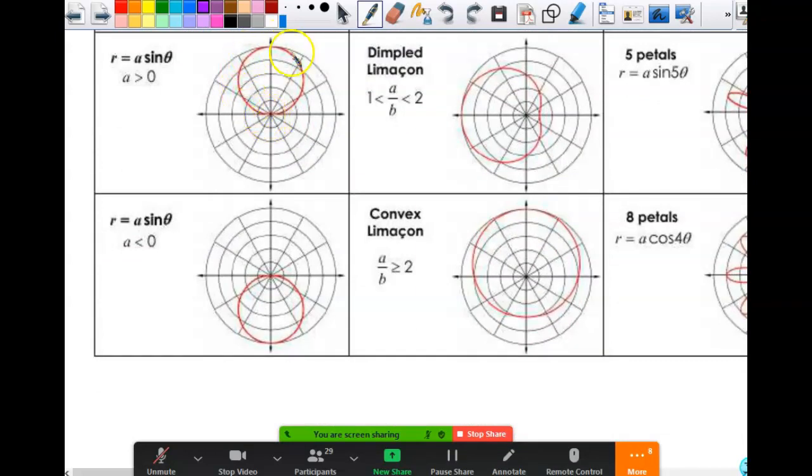So sine, it's on the positive y-axis because we associate sine with y. And this again is a, and this again is 5. So this is r equals 5 sine theta. This is still a. It's on the negative y-axis. That's how I know it's negative and that it's sine. So r equals negative 5 sine theta.